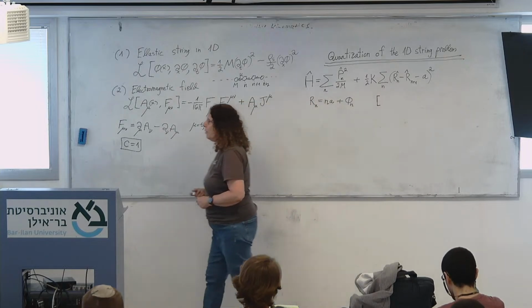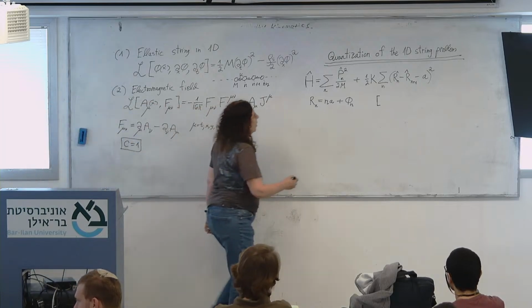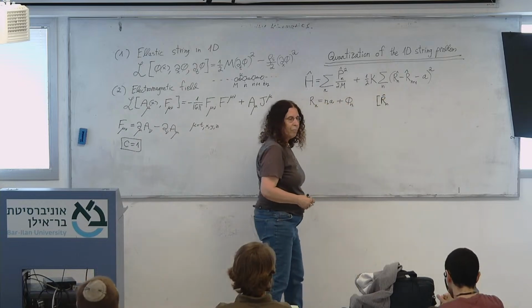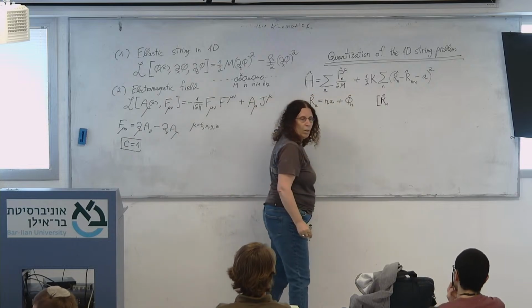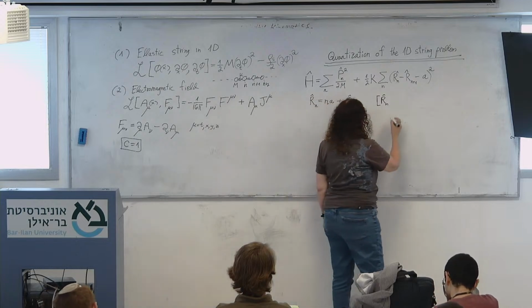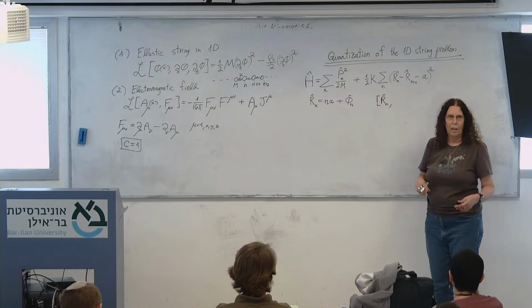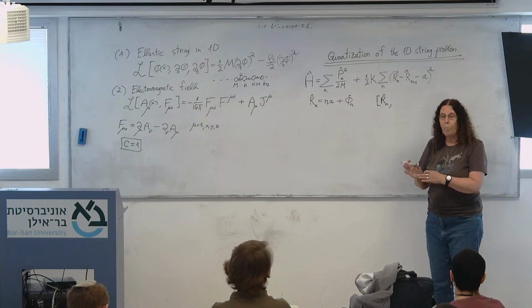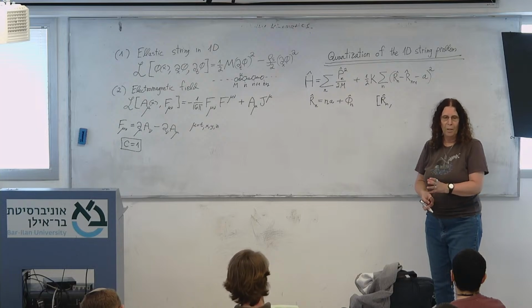So if I want to write it compactly, I can write it like this. And by the way, if the particles were in a higher dimension, then each component of each coordinate of each vector will also be an independent degree of freedom and obey commutators.